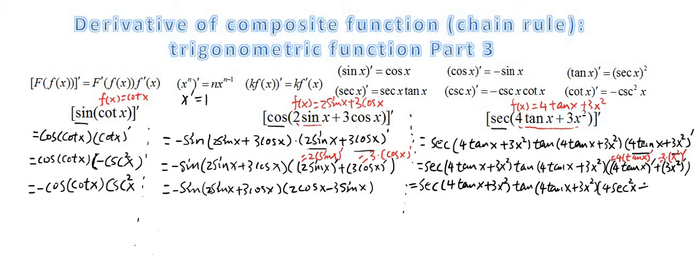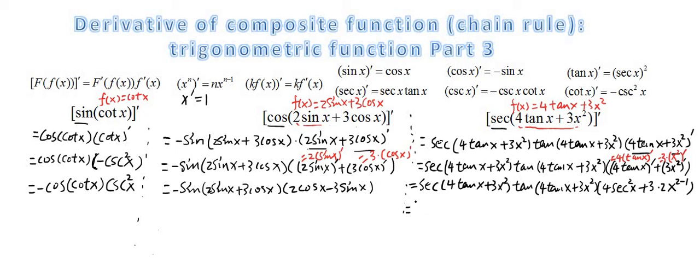And for the last term is the derivative of x squared. The derivative of x squared is by the power rule, right? Power rule: 3 times 2x to the power 2 minus 1.